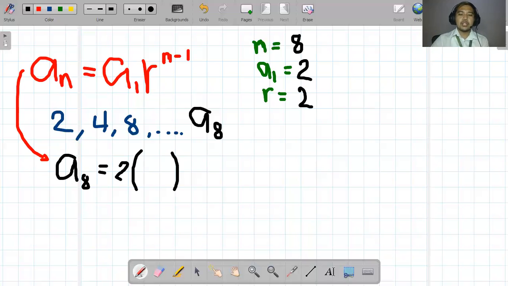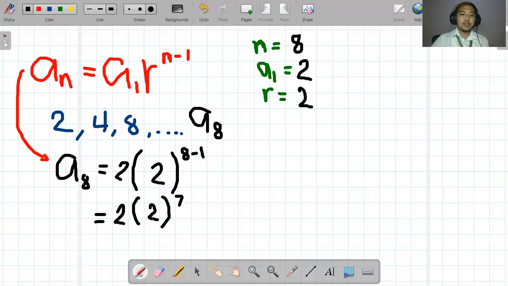Our r is 2. And then our exponent here, n, kay 8 na siya, minus 1. Simplify first the exponent. So that's 2, open parenthesis, 2, and then 8 minus 1, that's 7.